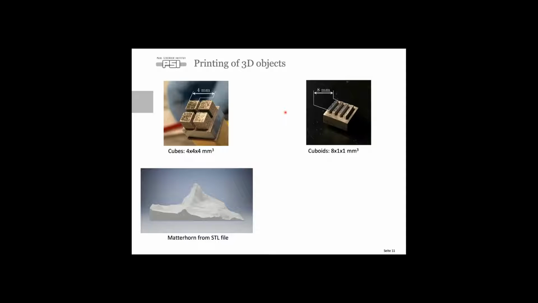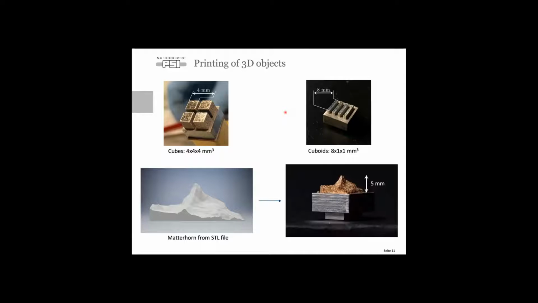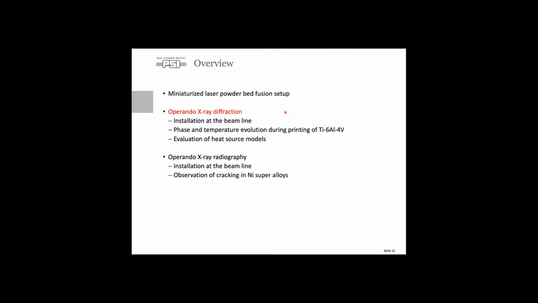We can slice this up and print it, as shown here on the right. This 3D Matterhorn is made out of bronze. So this is a device that can print full 3D objects just like a commercial 3D printer, but we can now put it into a synchrotron beam and do all kinds of exciting experiments with it.